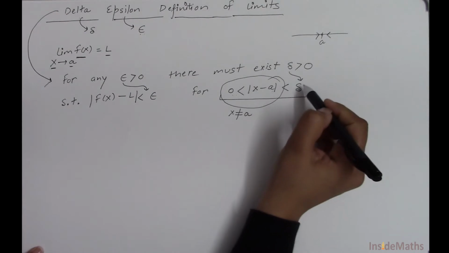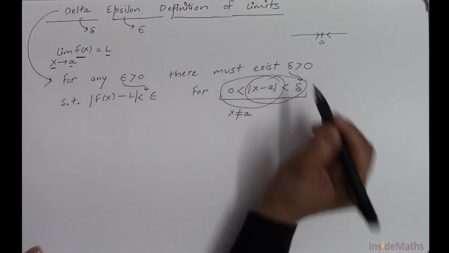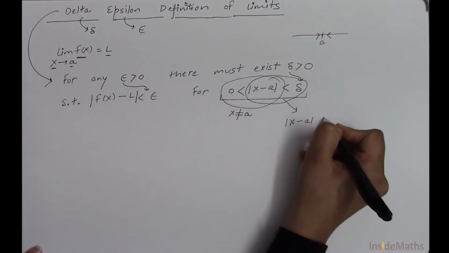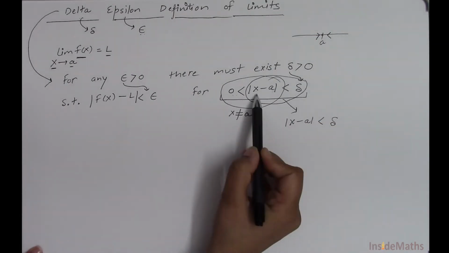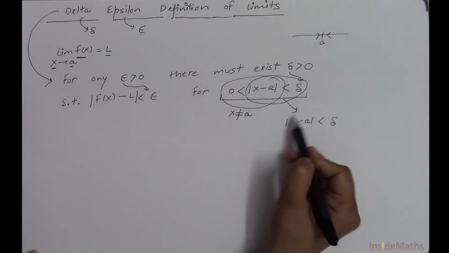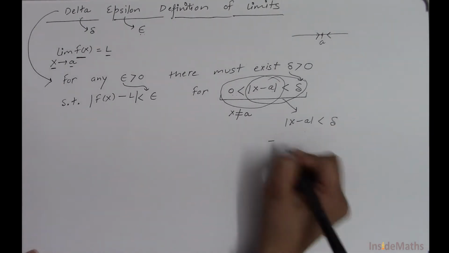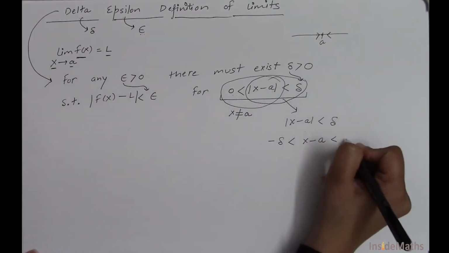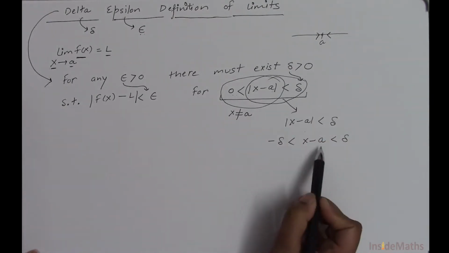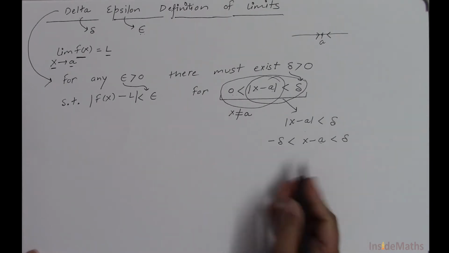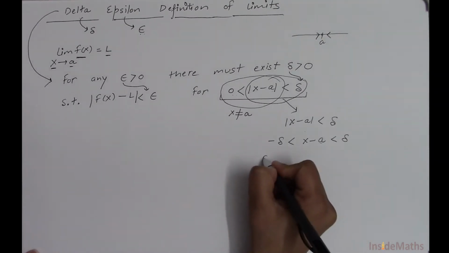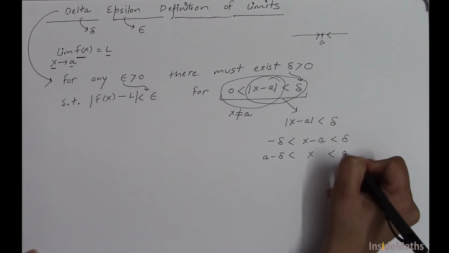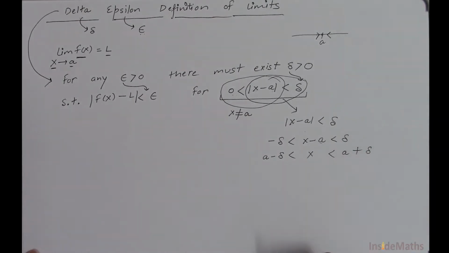Now let's see the other part, which is magnitude of x minus a is less than delta. How can I write this inequality? Minus delta is less than x minus a is less than delta. Now, if I add a to each term, then it becomes a minus delta is less than x is less than a plus delta.